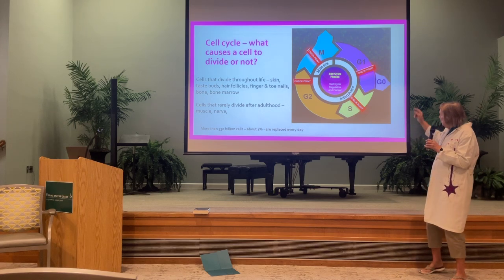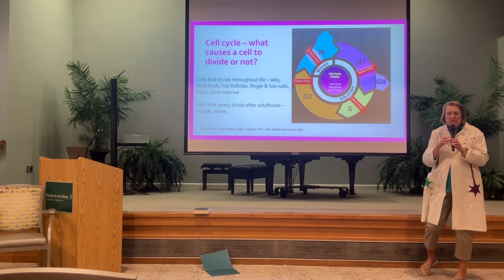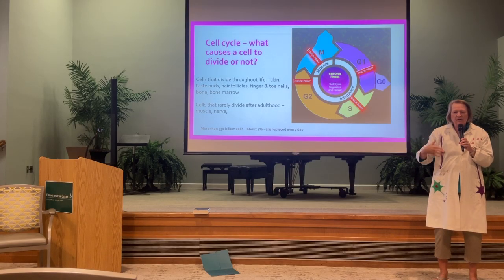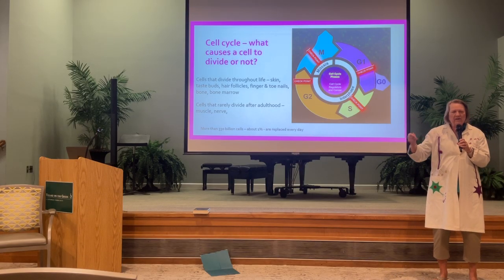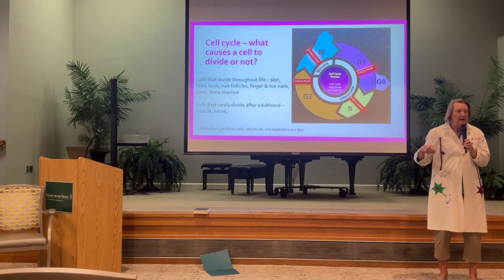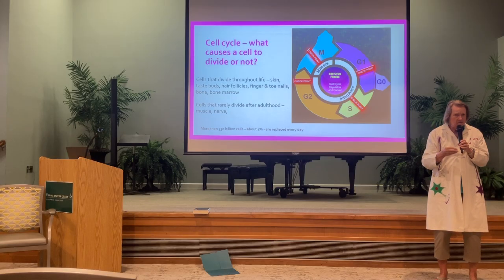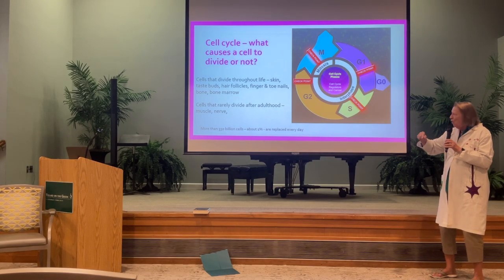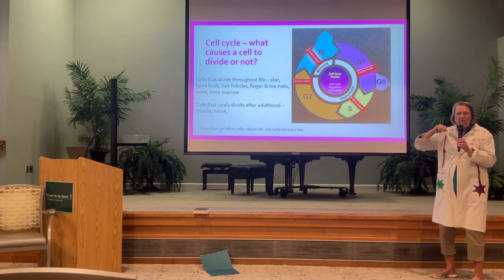And so then it moves forward into the next phase. S stands for synthesis, because the first step in getting ready to divide is to make more DNA, copy the DNA, so that the daughter cells have the same amount that the original mother cell had. Then they move on into growing some more, and then it's ready to divide.